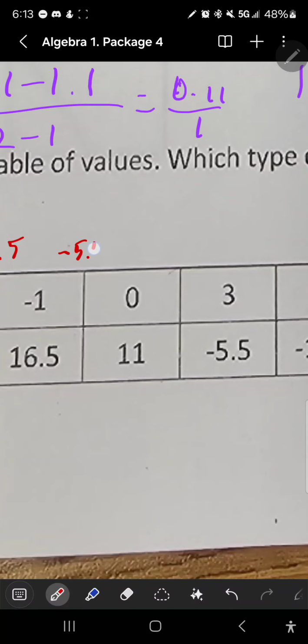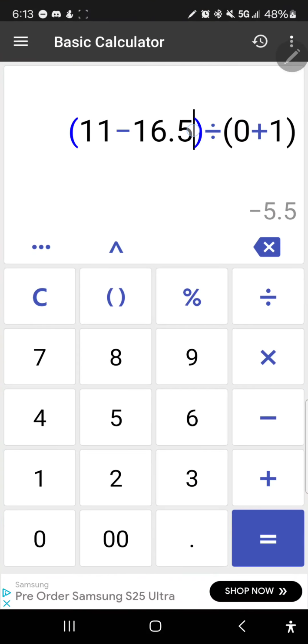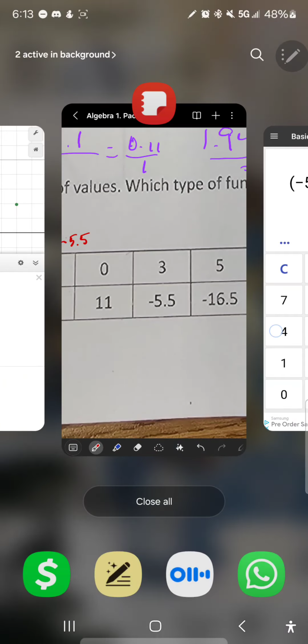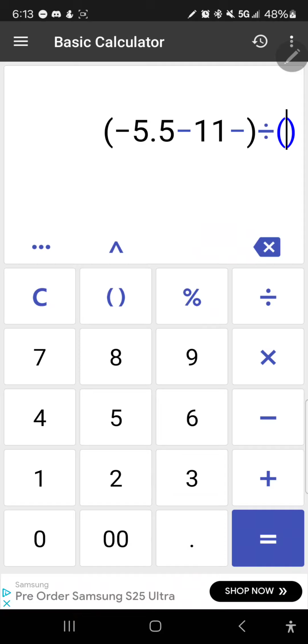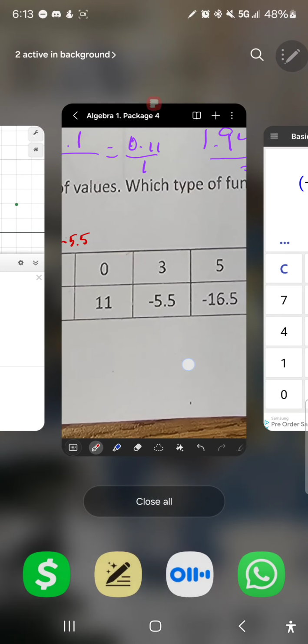Now the next one. So negative 5.5 minus 11, divided by 3 minus 0. Negative 5.5.